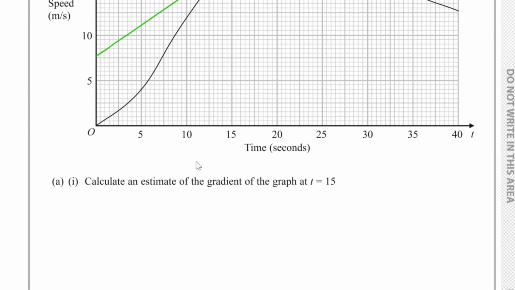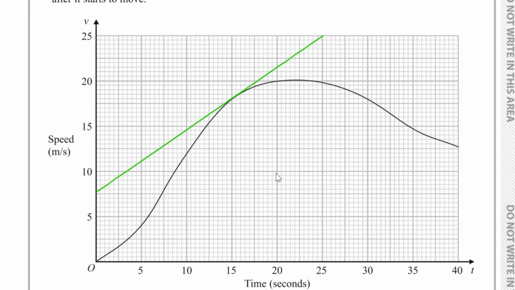And now for us to find out the gradient of this tangent, we would have to use the change in y over the change in x. So the change in y we can find from here. Okay, so here the change in y, that's equal to 25 take away 7.5.